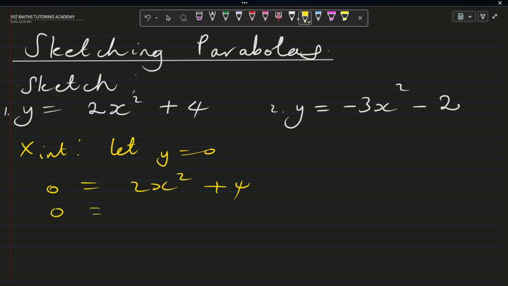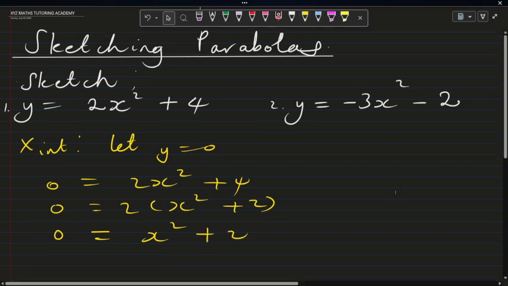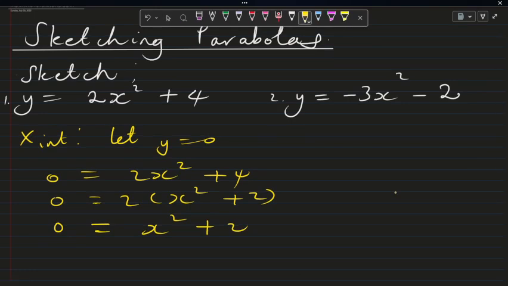We can factorize the right hand side: if I take out 2, I'm left with x squared plus 2. Then I divide by 2 on both sides and I am left with 0 is equal to x squared plus 2. Now let's try to isolate x squared and see what happens.